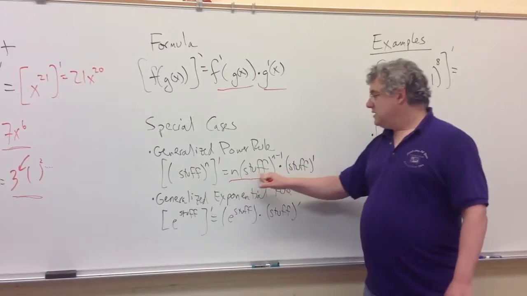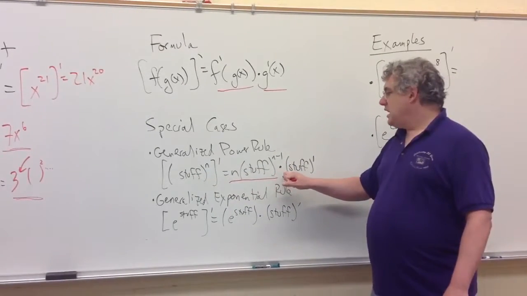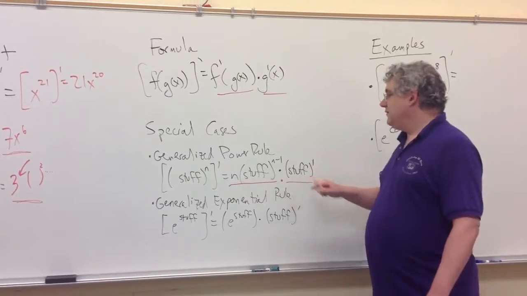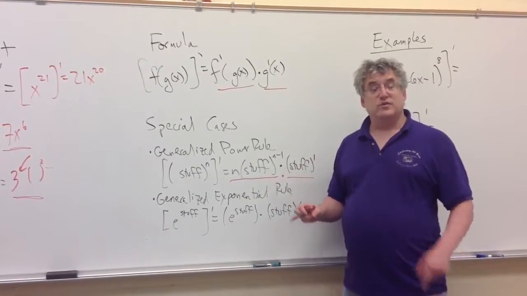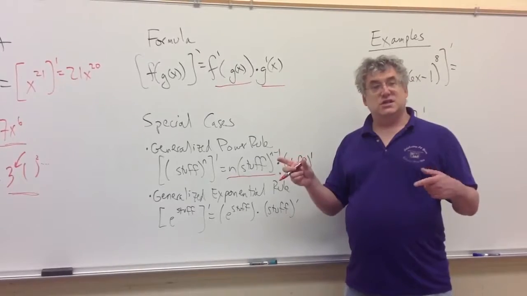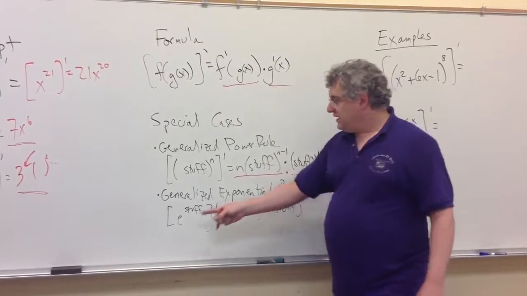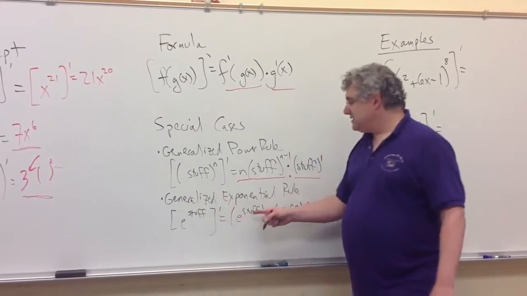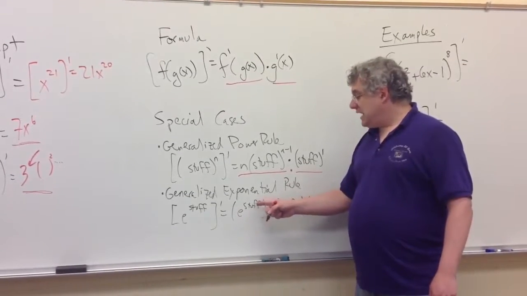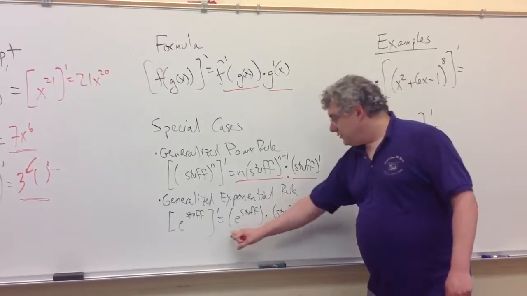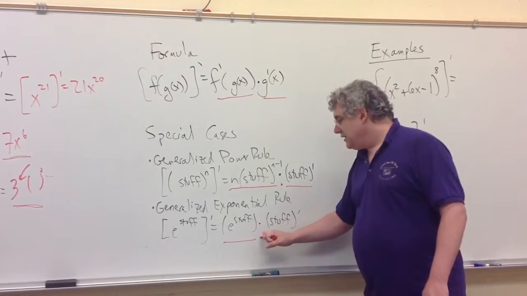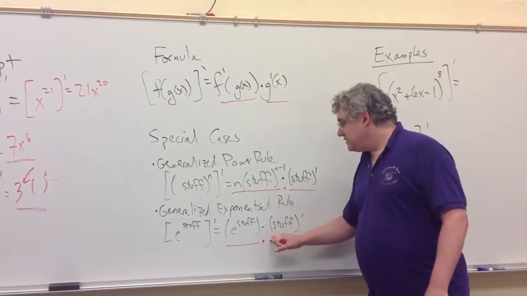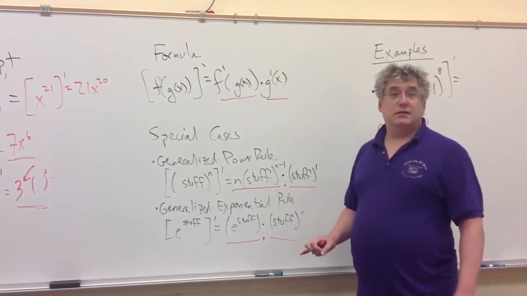It's n times something to the n minus 1 times the derivative. Likewise for the exponential rule. Remember the derivative of e to the x is just e to the x. So the derivative of e to the something, or e to the stuff, is going to be e to the stuff, but then times the derivative of the stuff. We take the regular derivative of the outside times the derivative of the inside.